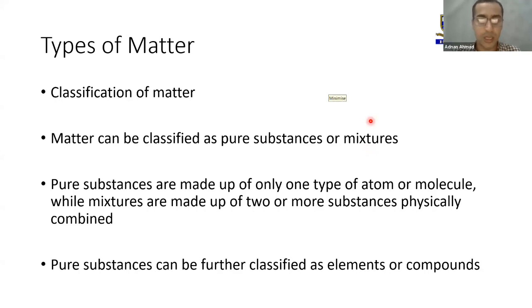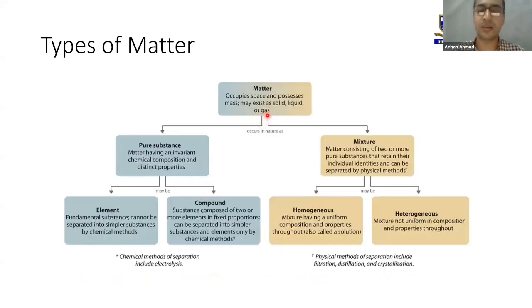So let's move on. Pure substances can be further classified as elements or compounds. So water is a compound. That is why it is a pure substance. Okay, so this is an excellent explanation here for the types of matter.